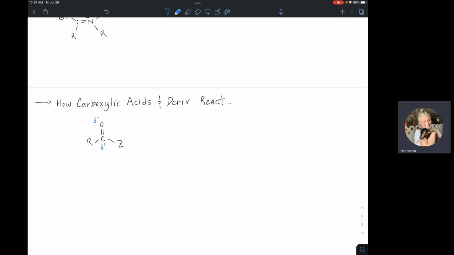There's a partial positive charge on the carbon. And so there's a polarity. So we can list all the things we know here. The way this is going to react is going to be due to the polarity of the carbonyl group.